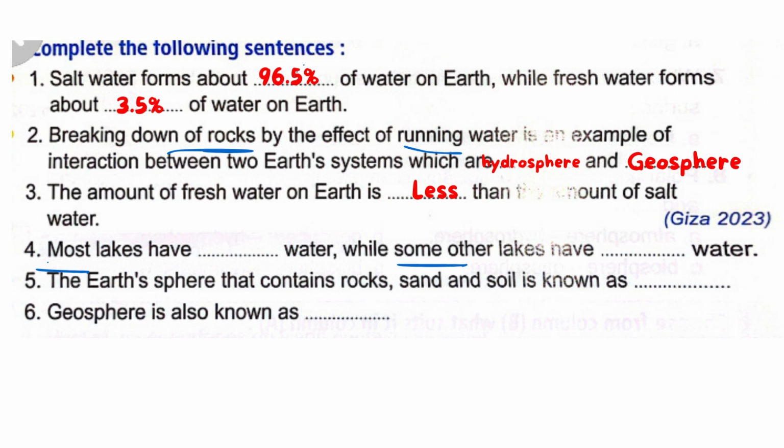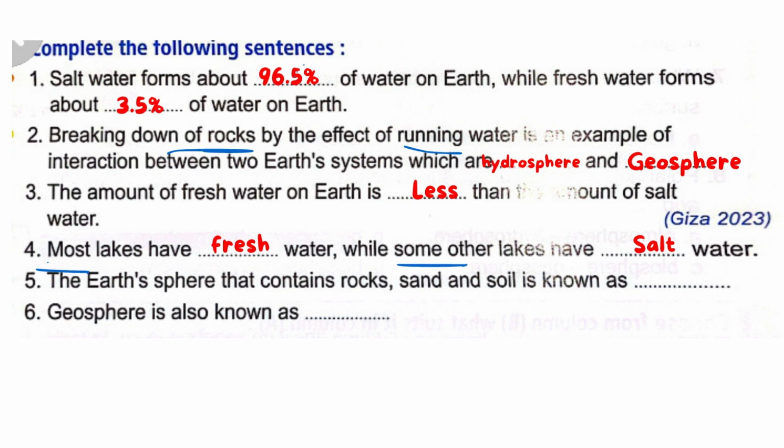Okay, most lakes have what water here, while some other lakes have which water? So most of the lakes have, yes, fresh water, and some of the lakes have what? Salt water. So the answer here, most of the lakes have fresh water, while some of the lakes have salt water.